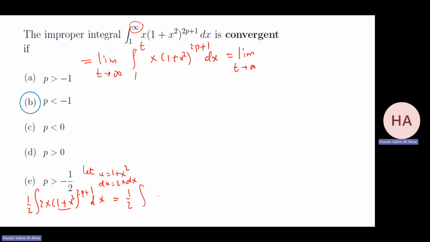Half the integral of u to the power 2p plus 1 du. That will be half u to the power 2p plus 2 over 2p plus 2, plus c.